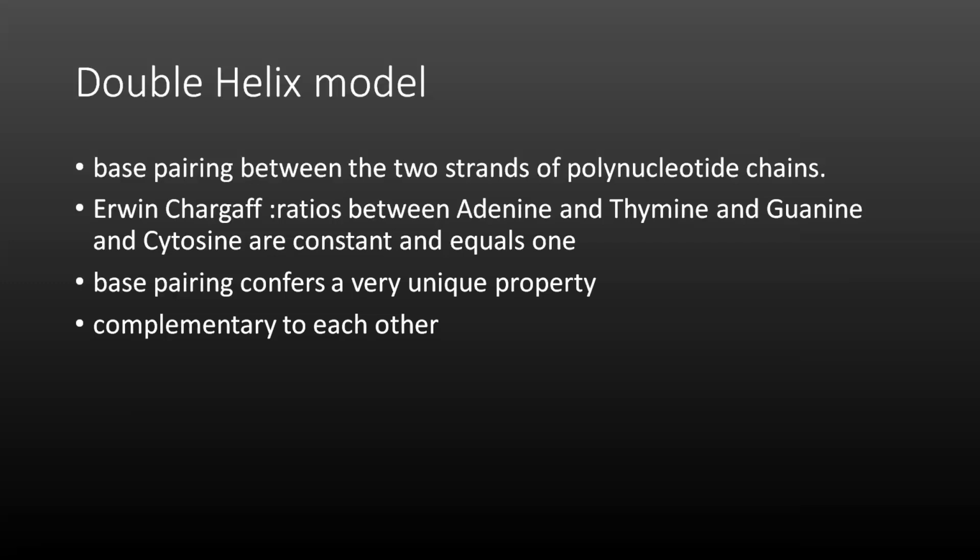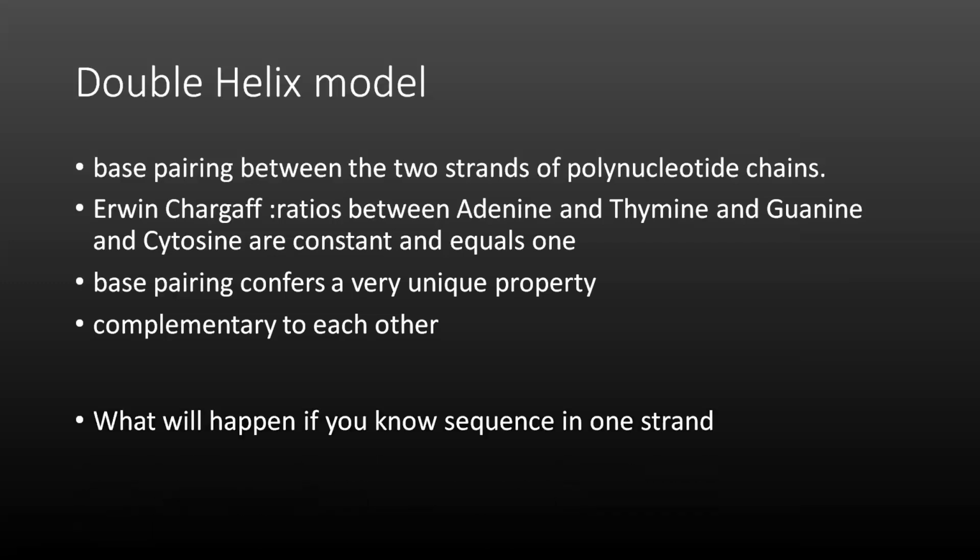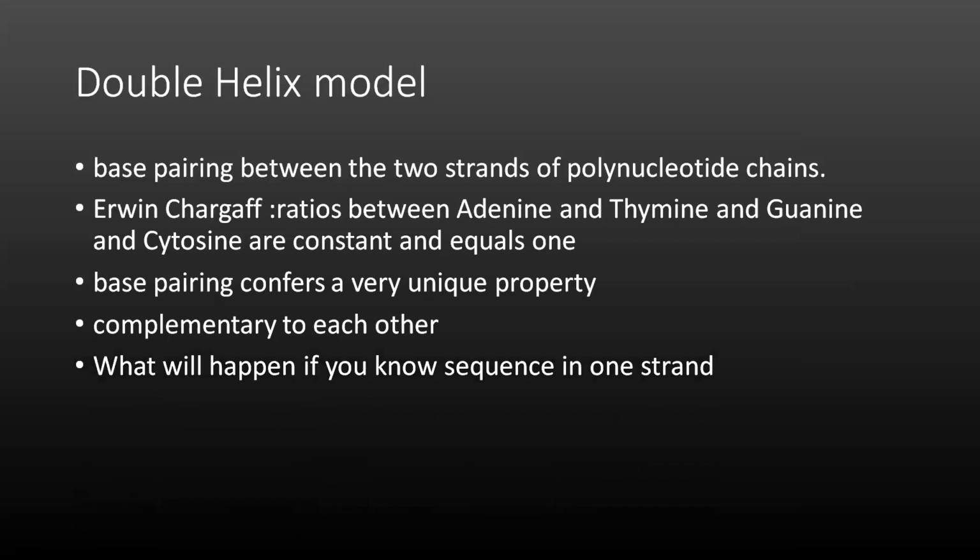A will bind to T. T will bind to A. G will bind to C. C will bind to G. So the other strand will be T, A, C, G. If I give you one strand, you can find out what the other strand will be. That is called complementary to each other. So if you know the sequence of one strand, you can find the sequence of the other strand.